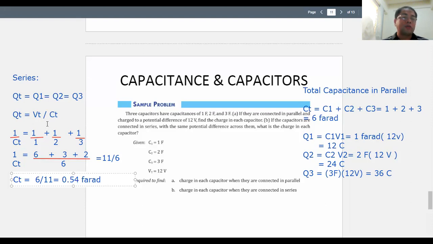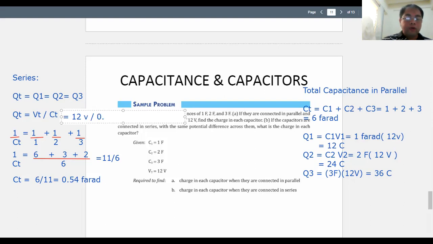So if we try to solve for the charge, we know that the total voltage is 12 volts. If you divide that by 0.54 farad, how much is our answer here? 12 divided by 0.54.